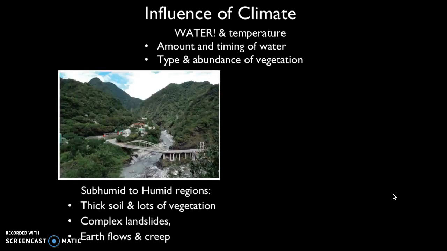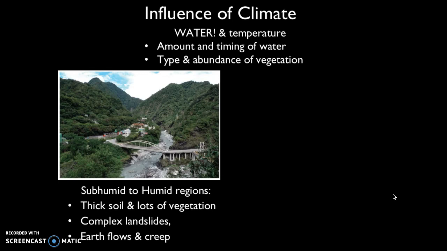So let's have this example where you have a subhumid to humid region, kind of like the tropics, perhaps like where I'm from in Colombia. In this kind of region, you're going to have very thick soils and lots of vegetation. For the most part, the vegetation is more likely to act as a driving force because it's so heavy and everything is so moist, just adding weight to the slope itself.